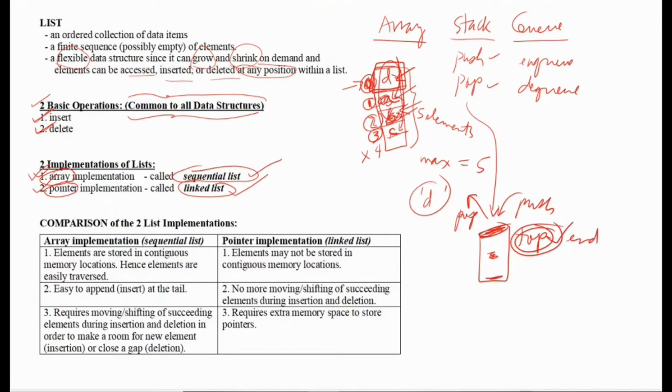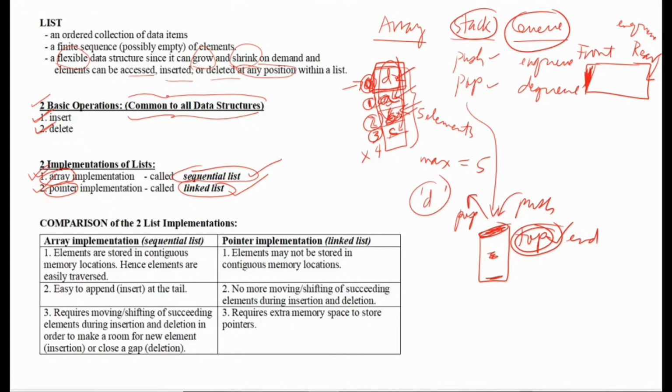While for queue, there is again a restriction, because to perform enqueue or insert, you have to do that only at the rear end. And for dequeue or delete, you can only perform that operation at the front end. So for stack and for queue, there are restrictions.